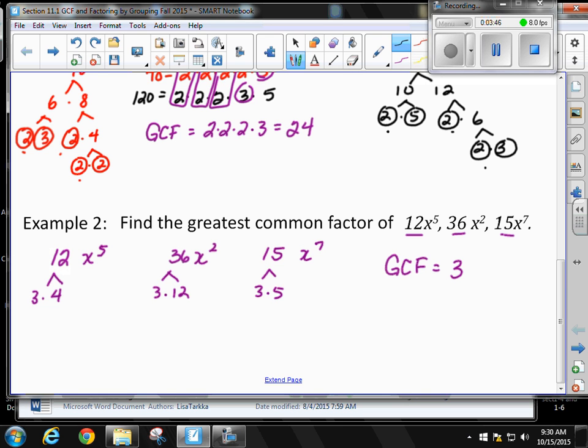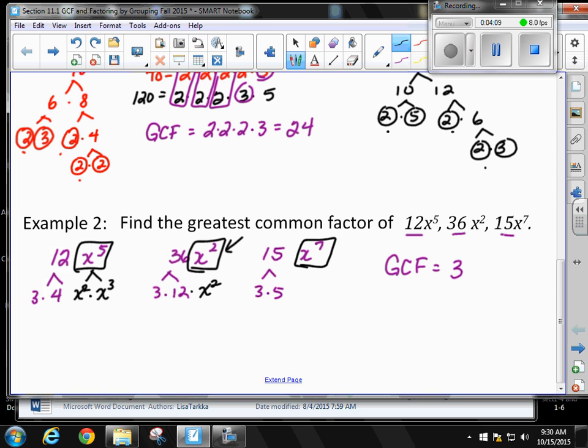And then I look at the variable parts. When you look at the variables, you always want to look for the smallest exponent. In this case, it's 2. So I know every one of those terms will have x squared. So 36x squared has an x squared in it. X to the 5th I can break down as x squared times x cubed, right?